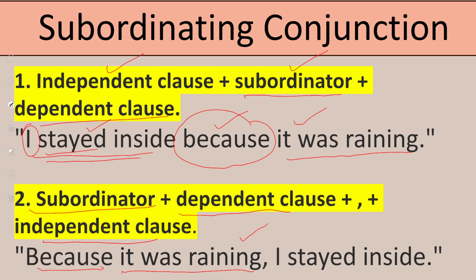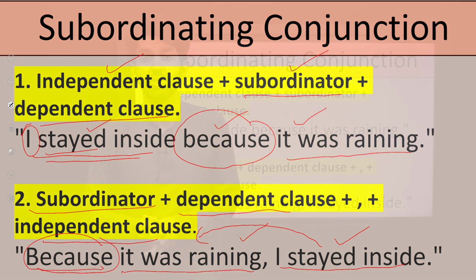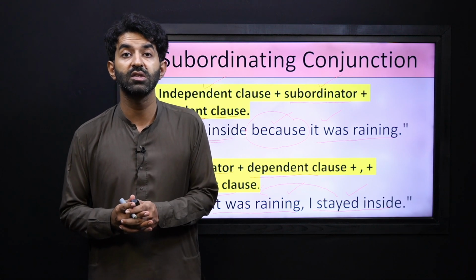Then you have to give the effect or the cause of that. I stayed inside. I stayed inside is our independent clause. It makes sense, but it helps the dependent clause to connect, and it is connected by our subordinator or subordinating conjunction, and it can also appear at the start of the sentence.